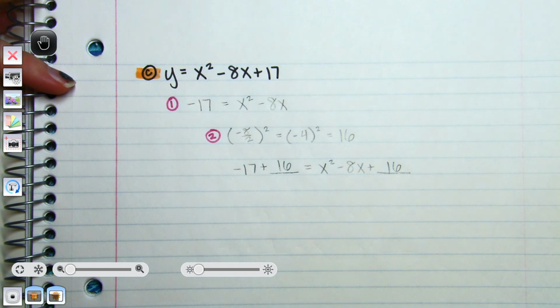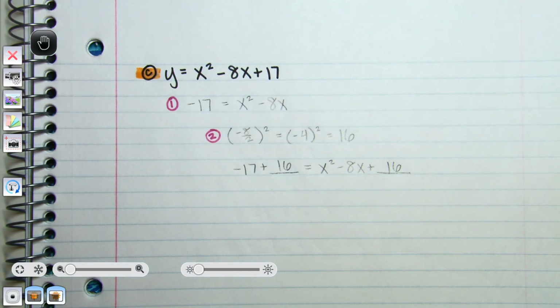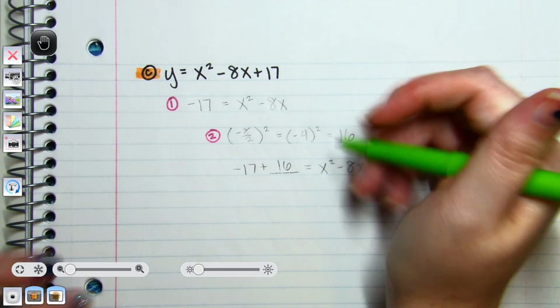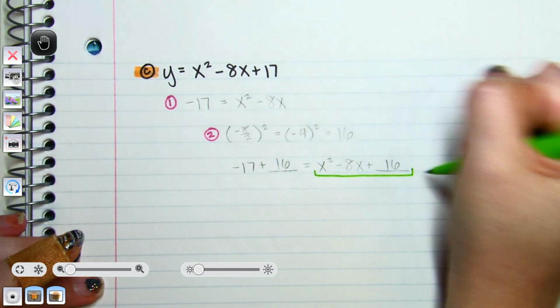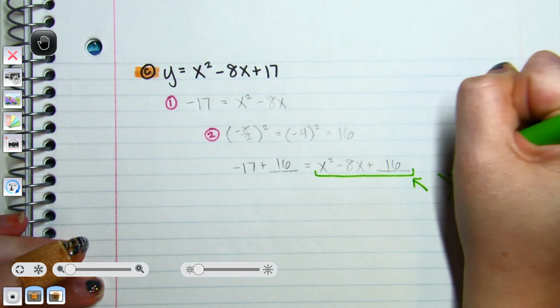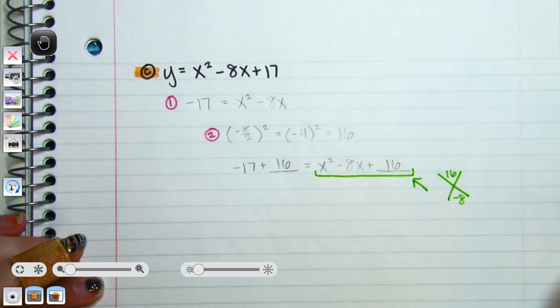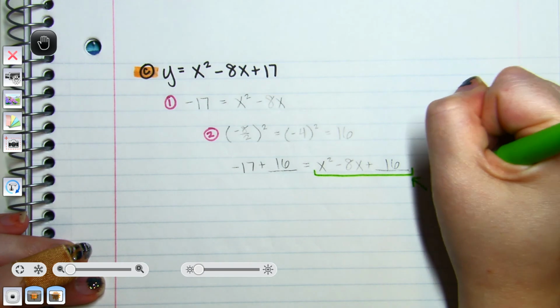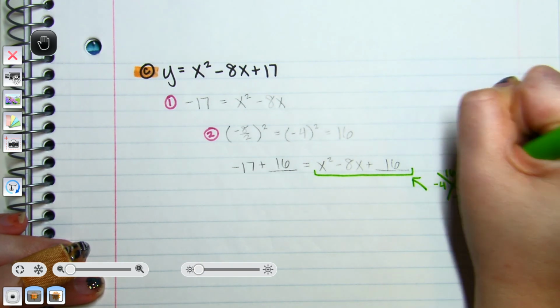Then you can either factor this using the big X, which I will show for this example. So the big X, 16 goes in the top, negative 8 goes in the bottom. My numbers are negative 4 and negative 4.